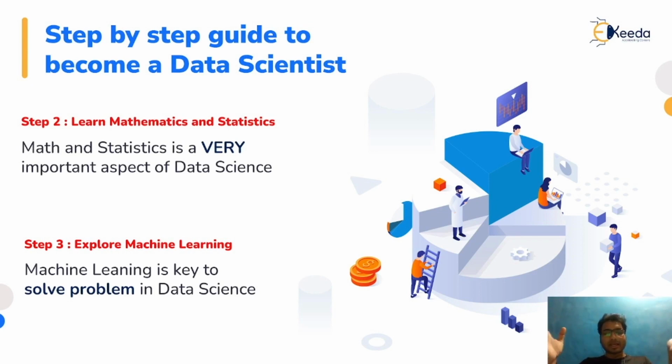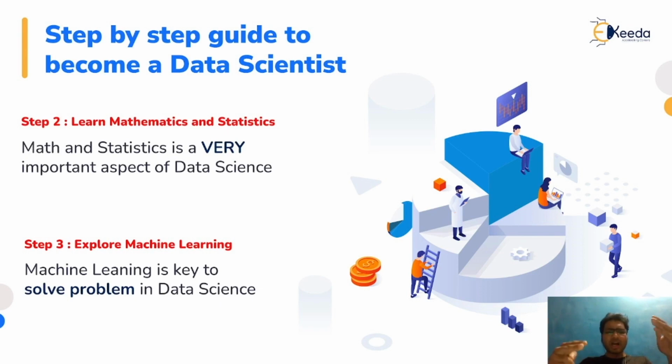Whatever task was supposed to be done by a human, now the machine will do that task. So machine learning is basically instructing machines to identify those patterns on their own. That will be done by machine learning algorithms, and there are algorithms specifically designed for that. So that will be your third step, to explore machine learning algorithms.